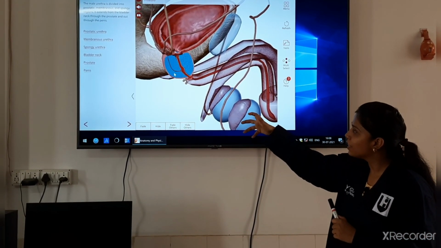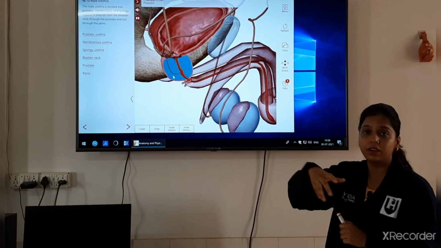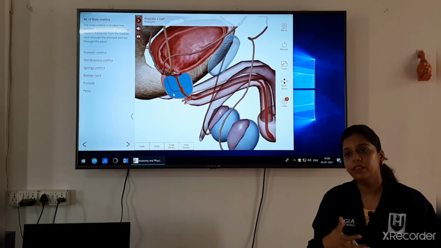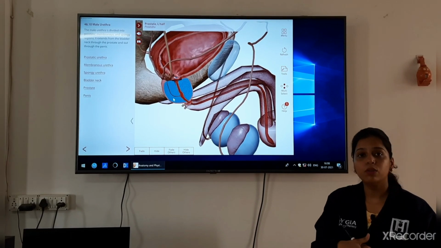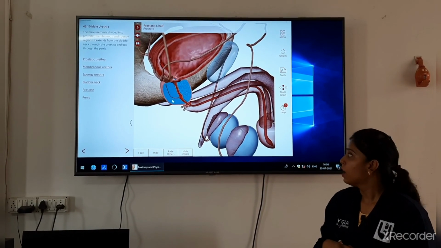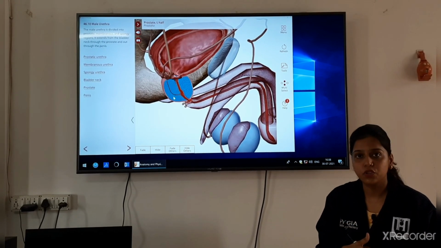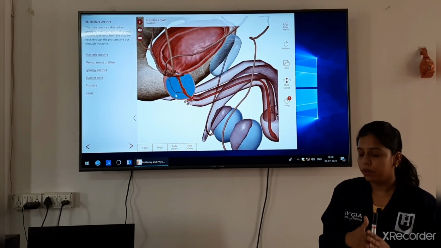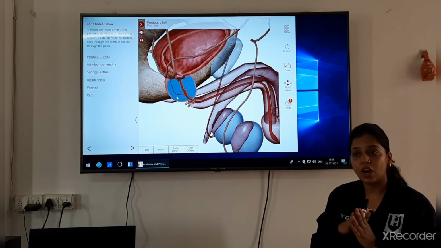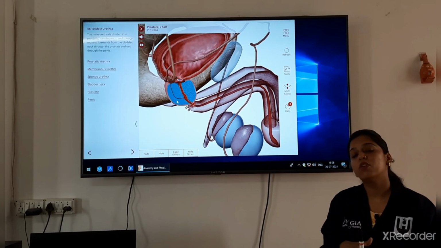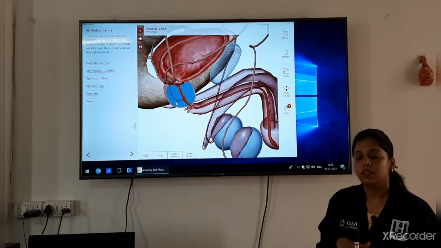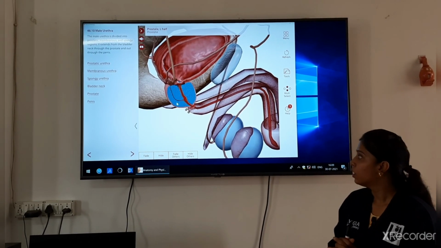So there is a slight difference when we talk about their position and their length. In men it is around 20 centimeters long, and in men we can say that it performs a dual function. Apart from discharging the urine, it is also responsible for the discharge of spermatic fluid, okay.